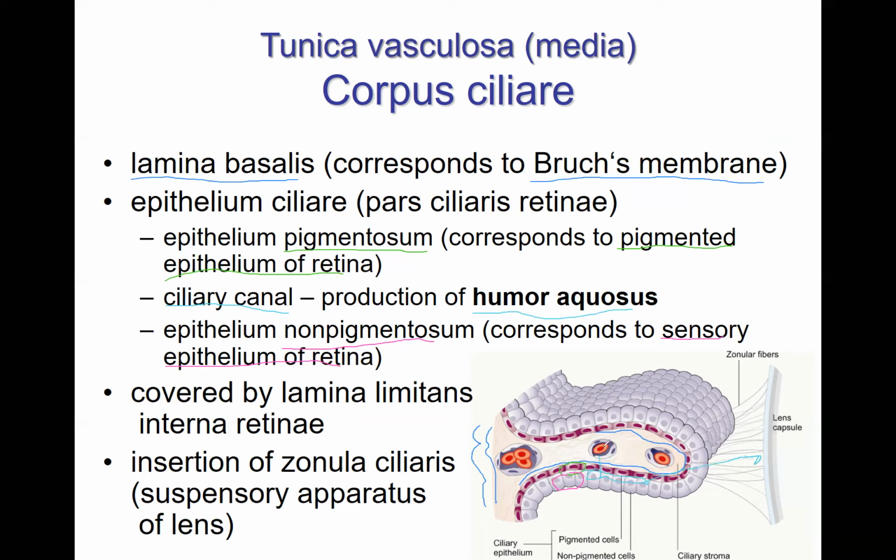So the humor is produced from the vessels in the stroma through the basal lamina and the pigmented epithelium into the ciliary canal, and then through the slits between the cells into the spaces between the zonular fibers, and then to the posterior chamber.